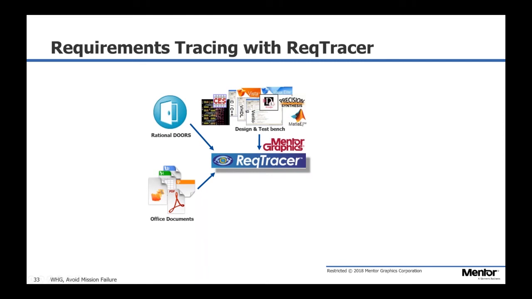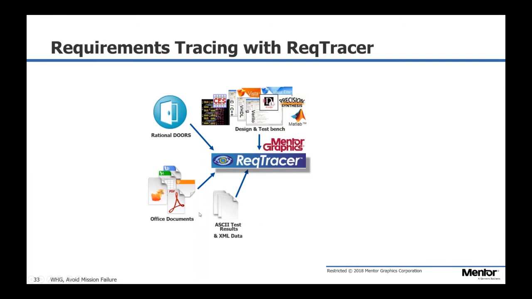ReqTracer can be connected to some other systems. If you're using our PADS or our Expedition board design tools, you can place those requirement tags within the schematics for your boards, and within the constraint editor, on different constraints on your board. Our Precision synthesis tool will generate requirements that are processable.